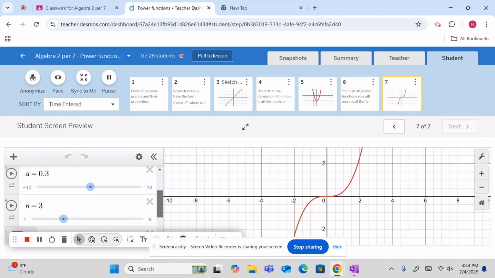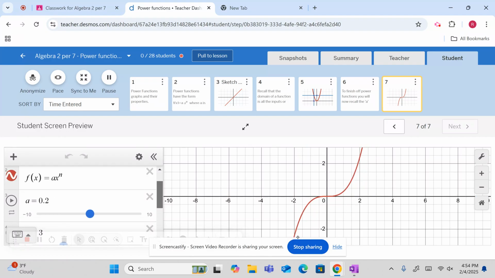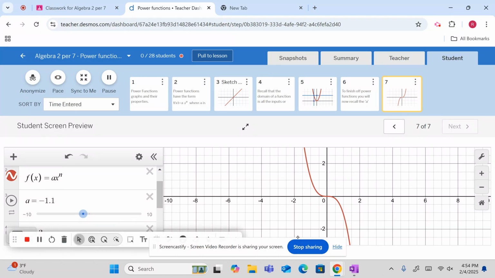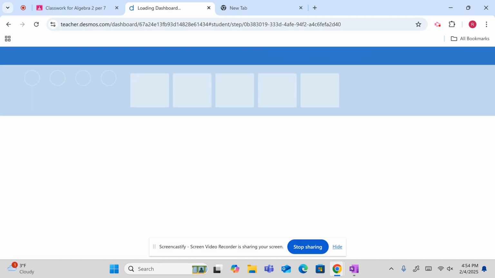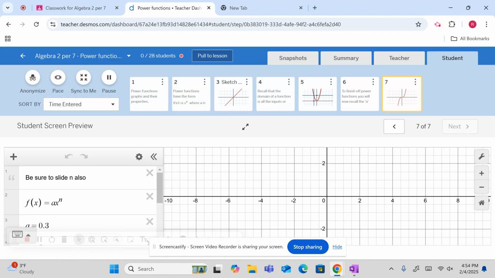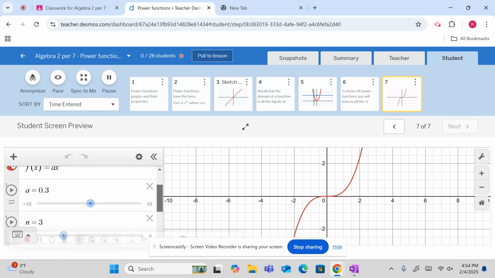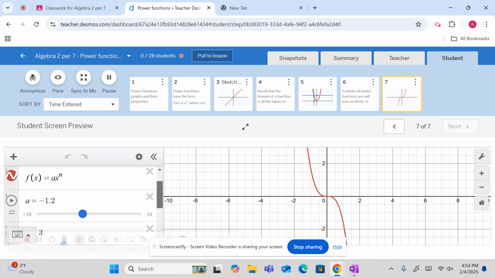Well, I guess I'll do this. So here, if A is negative, like Lindsay said, it's going to flip it around. If we move this back, see how it flips over? So it's flipping, just like it did when we did all those translations of functions. So when A is negative, it reflects over the x-axis.